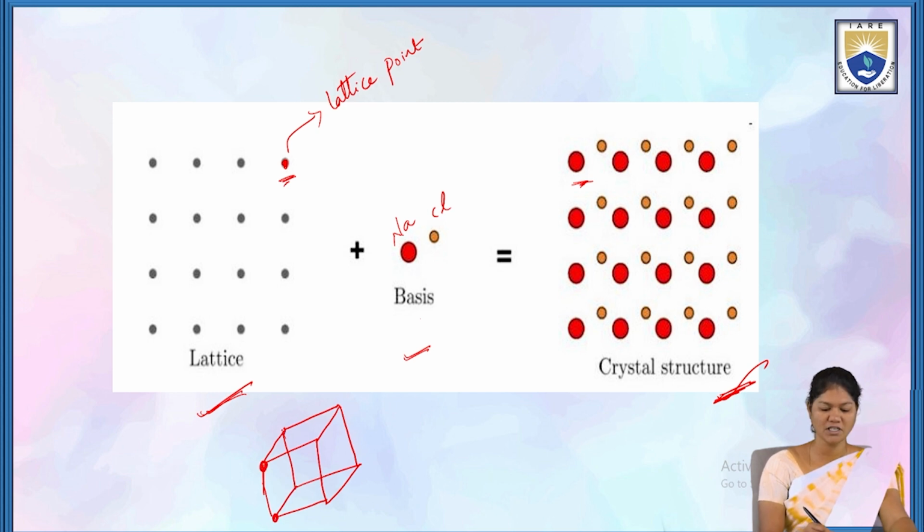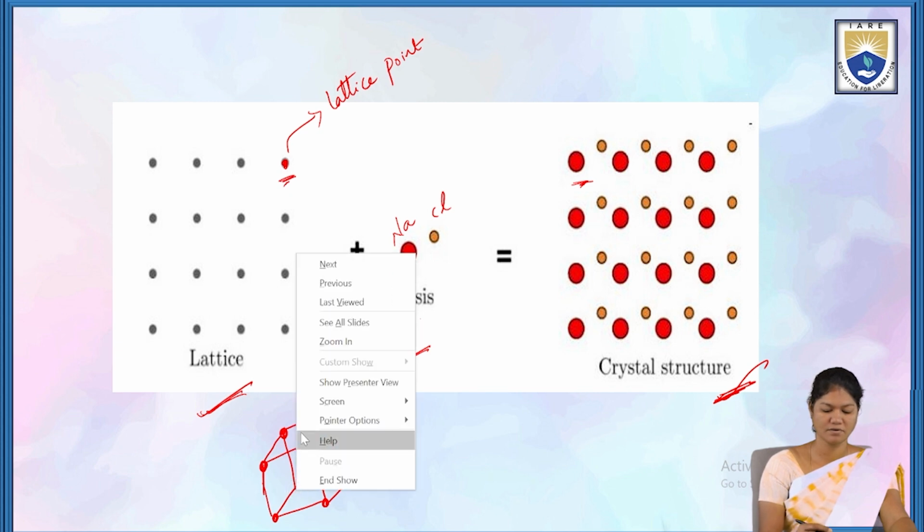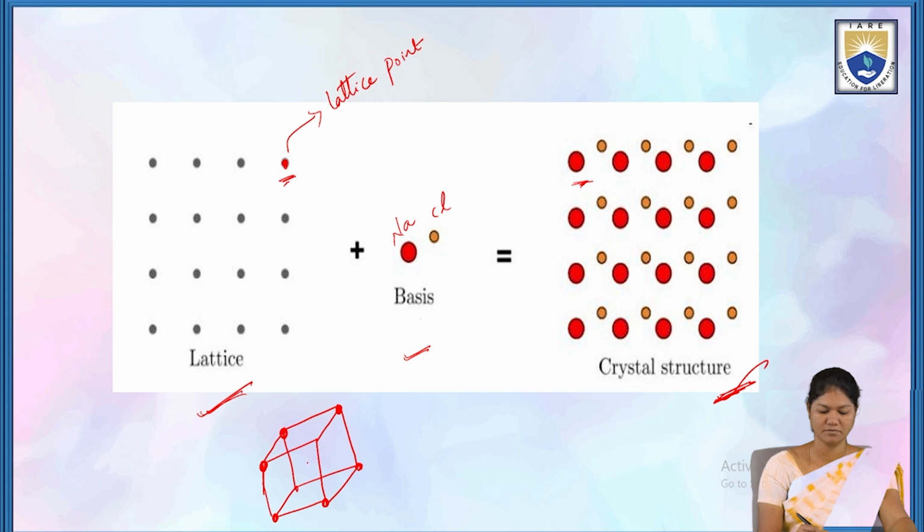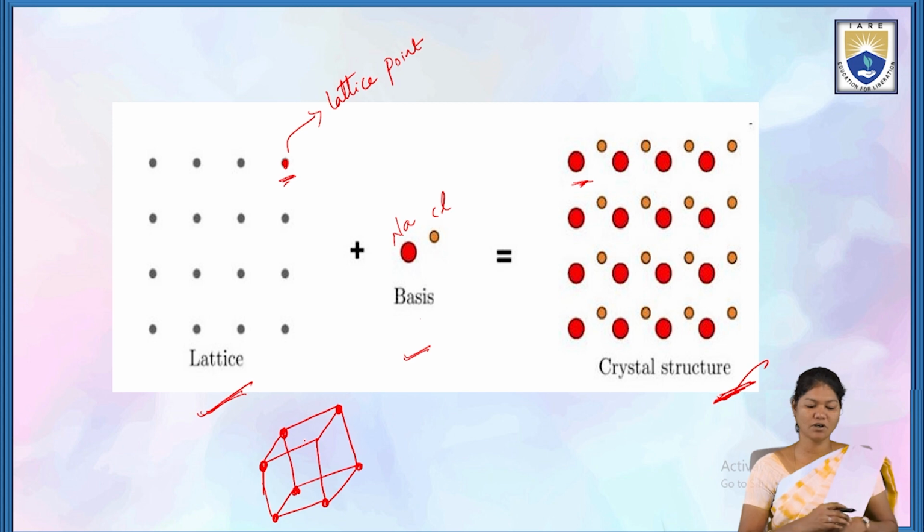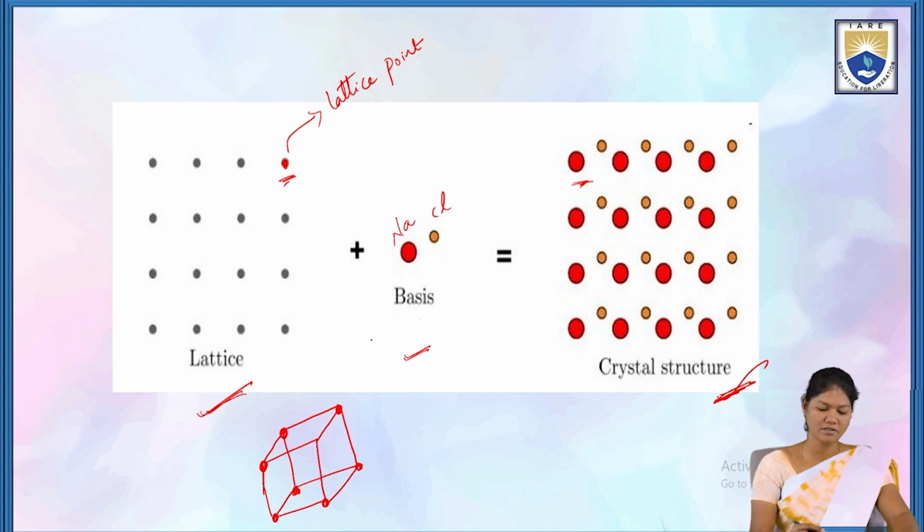This is the NaCl cubic crystal, the structure of NaCl. At each corner we have a lattice point, which is associated with a group of atoms, that is, this is Na and this is Cl.